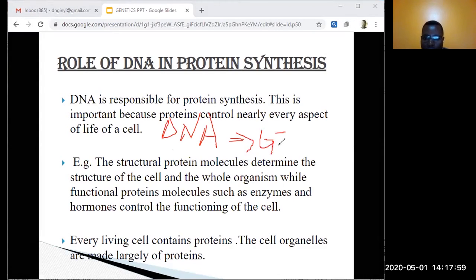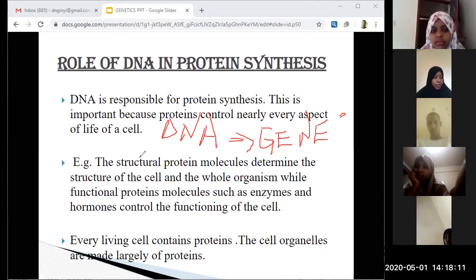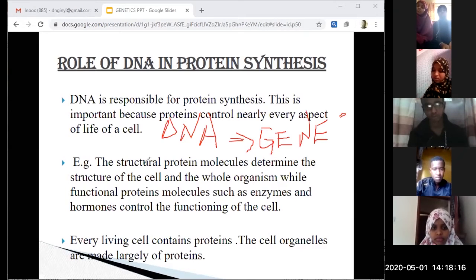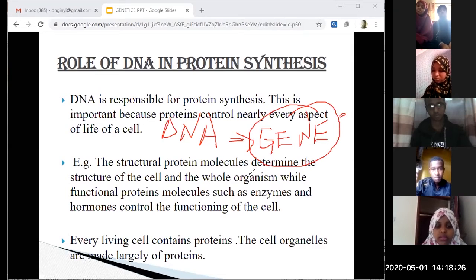I'm not saying that DNA is the same as a gene. I want to repeat: a chromosome contains one DNA molecule, and that one DNA molecule is divided into segments, and each segment represents a gene. So as we talk about the role of DNA, we have genes within the chromosome. How do these genes bring about protein synthesis? That is precisely what we want to discuss.